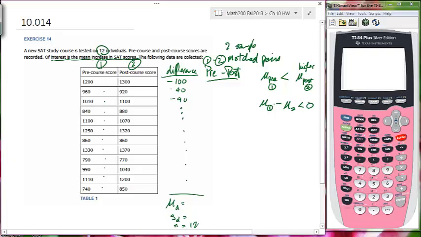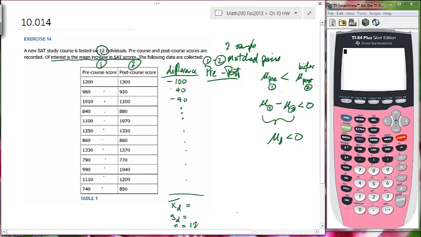So mu1, or mu pre, and then mu2, that's the post-test, is going to be mu1 minus mu2. And I'm going to call this mu sub d, is equal to 0. And actually, now that I'm looking at this, this is coming from the sample, so this should have been x bar with the d in it.